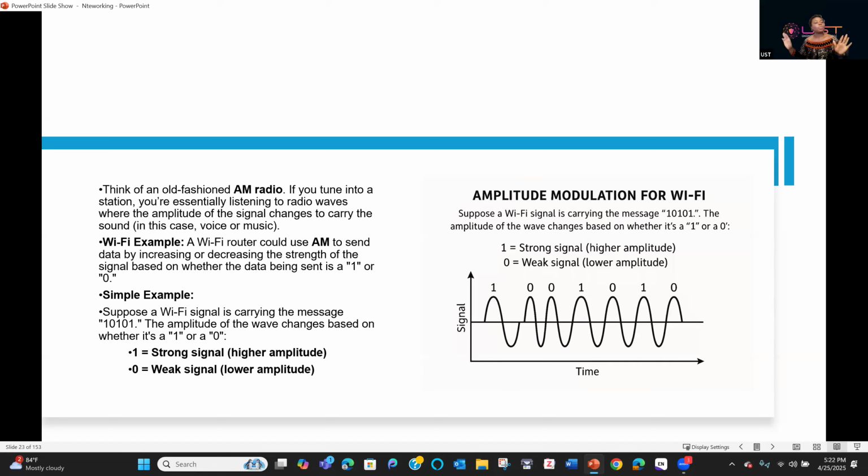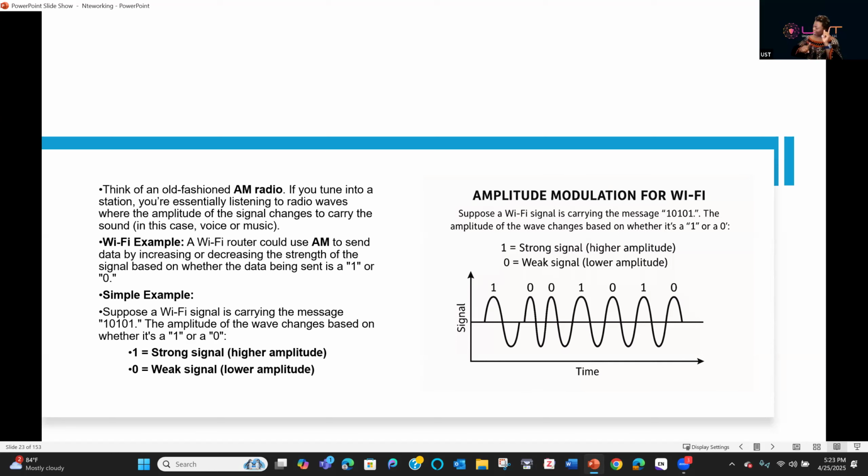A Wi-Fi router, as I said, we're going to talk about routers in depth in subsequent videos or slides. A router, which is an access point, could use AM to send data by increasing or decreasing the strength of the signal based on whether the data being sent is a 1 or a 0.